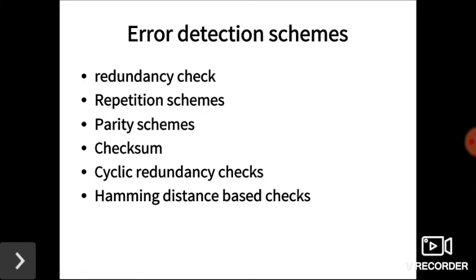Then, repetition schemes. Variations on this theme exist. Given the stream of data that is to be sent, the data is broken up into blocks of bits, and in sending, each block is sent some predetermined number of times. For example, if we want to send 1011, we may repeat this block 3 times. Suppose we send 1011, 1011, 1011 and this is received as 1010, 1011, 1011.